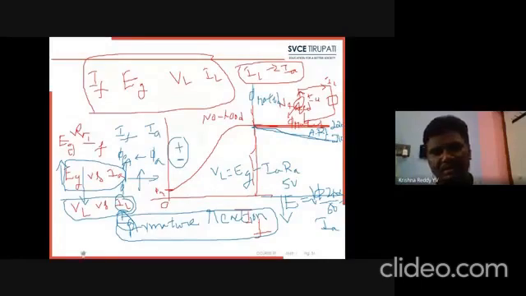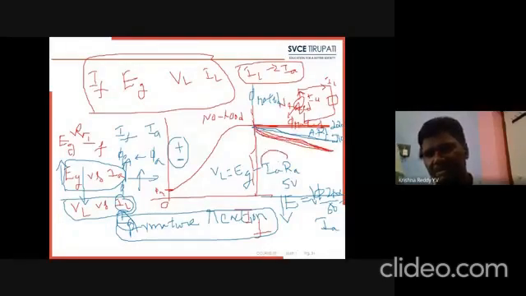Now we get the external characteristics like this. The external characteristics are below the internal characteristics because we need to subtract the armature resistance drop from the internal characteristics. The external characteristics are always below the internal characteristics.